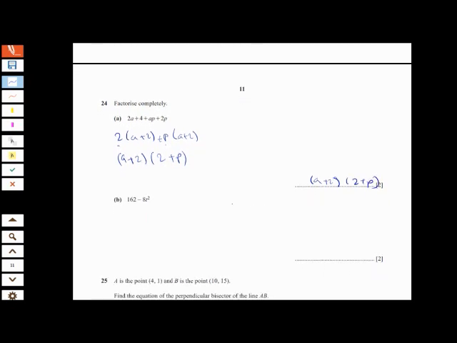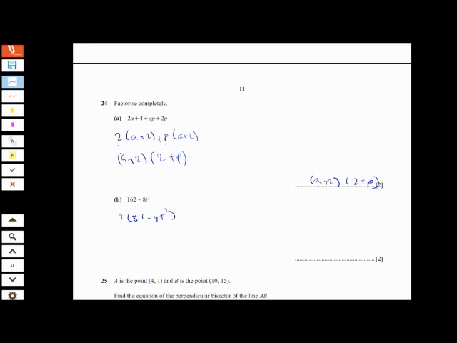Right, now question B: 162 minus 8t squared. So take 2 as a common factor first. You will end up with 81 minus 4t squared.